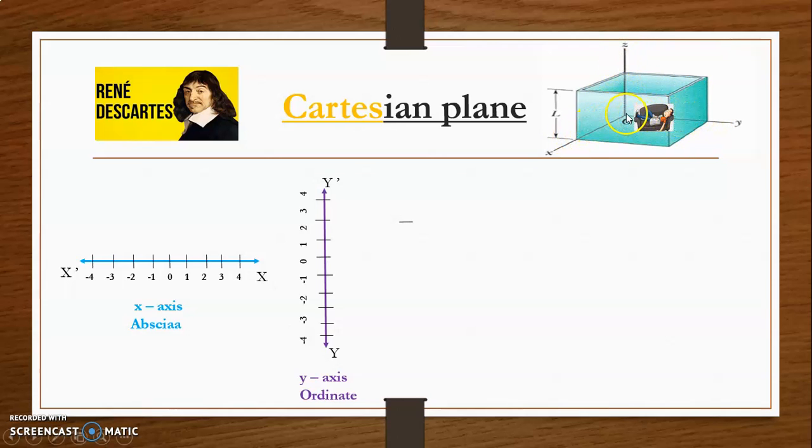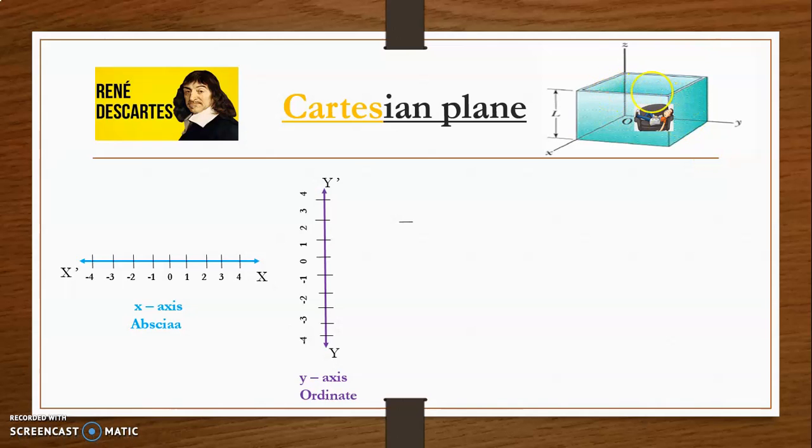From one of the corners, this 0 is the corner, and from there three axes are coming out, that is the x-axis, y-axis and z-axis. It is said that Rene Descartes was lying in the room and there was a fly flying in the room, and he thought of a method to measure the distance of the fly from any other object in the room.